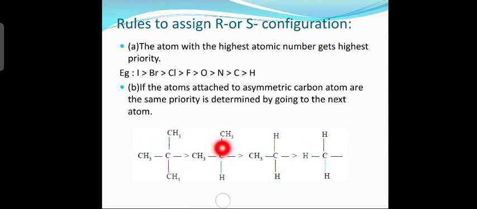Here there are 2 CH3 groups and 1 hydrogen atom, therefore next priority. Here only 1 CH3 group and 2 hydrogen atoms, therefore next priority. Here there are no methyl groups, only hydrogen atoms, therefore least priority.